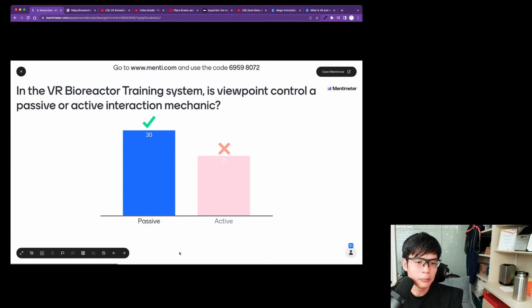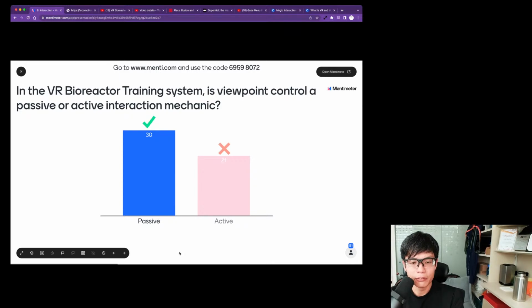So, as I was saying, when you are designing and implementing a certain interaction, it's good to think about whether you are designing it to be passive or active. I've just explained passive: not directly wanting the user to consciously think about using this mechanic, here viewpoint, to do something, but the user sort of has to use it to do other things.